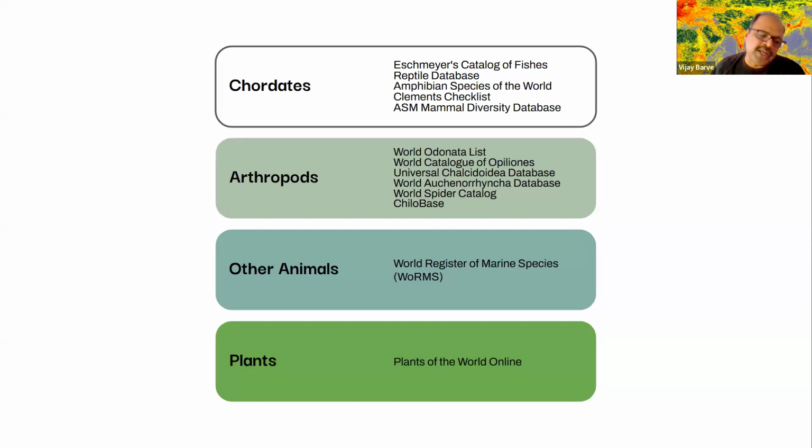So we cannot really add an odonate or a spider new name, because those are very quickly being updated by the respective authorities like the World Odonata List or World Spider Catalog. But we can definitely add moth or butterfly or any other insect names, because right now there is no authoritative list.